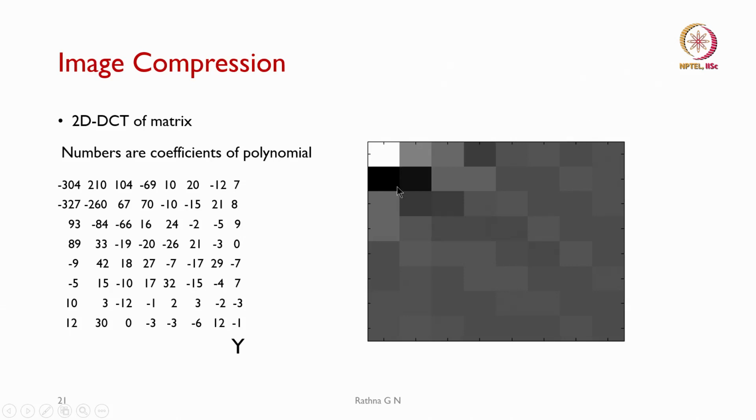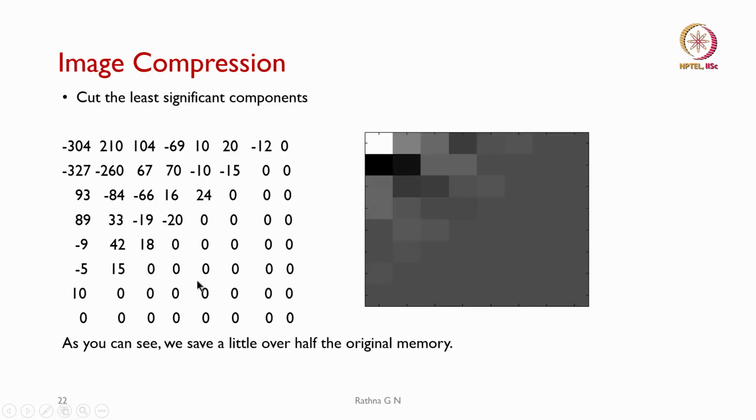Some of them are represented as black, and you will see that some of them have very small values. So, I can put a threshold, so that above the threshold I keep the values as they are, and below it I make them zeros.